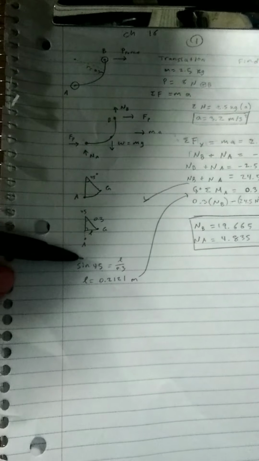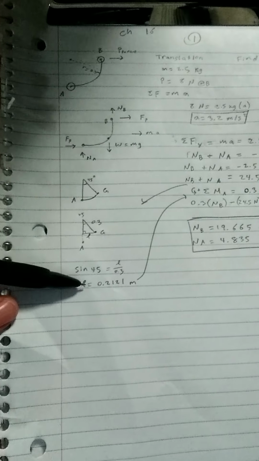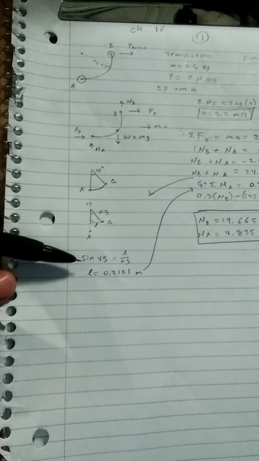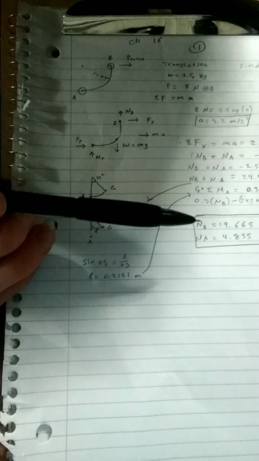So we have 45 degrees there. L becomes sine 45 equals L over 0.3, and L equals 0.2121 meters. Yeah, it's meters, not millimeters.